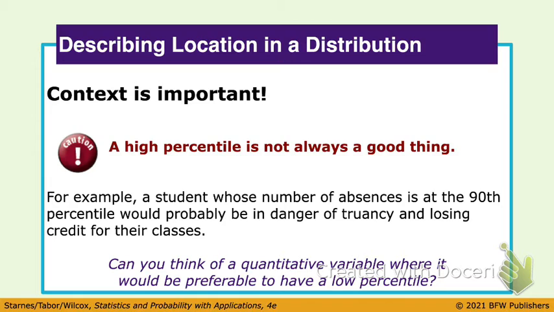So for example, if you are in the 10th percentile for the number of speeding tickets that you've gotten, right? So only 10% of people have gotten fewer speeding tickets than you. Well, that's good. That means you've done a good job. You want to have a low percentile if it's something that is negative.